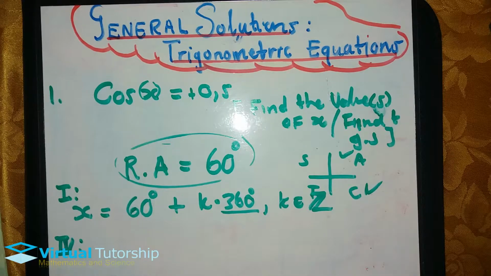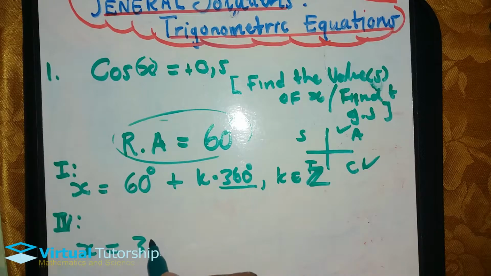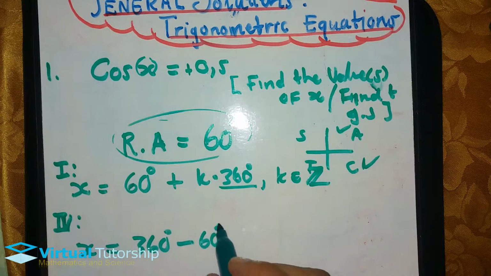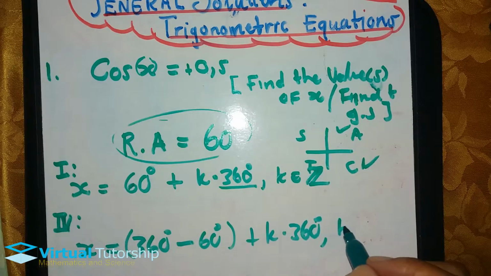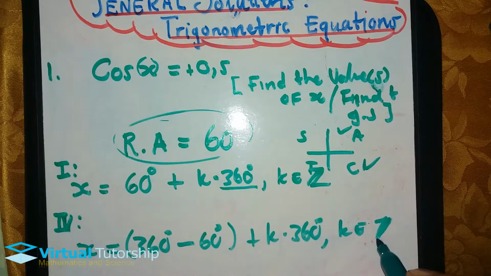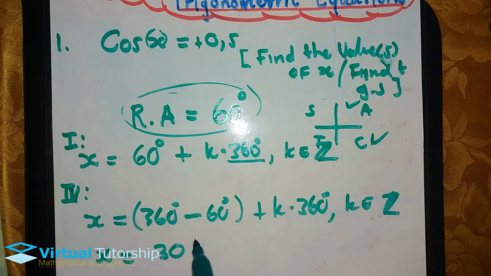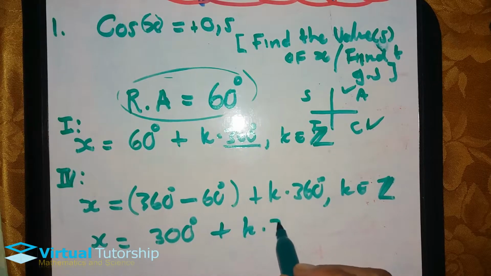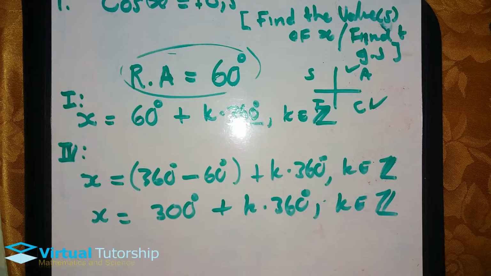And then it's the fourth quadrant. Any solution yethu kuphi? Iku fourth quadrant. The fourth quadrant, reduction formula yaku fourth quadrant is what? Is 360 degrees minus the reference angle, which is the acute angle yet. So plus k 360 degrees, k element of integers. So therefore wenzani 360 minus 60 degrees is 300 degrees plus k 360 degrees, k element of integers.